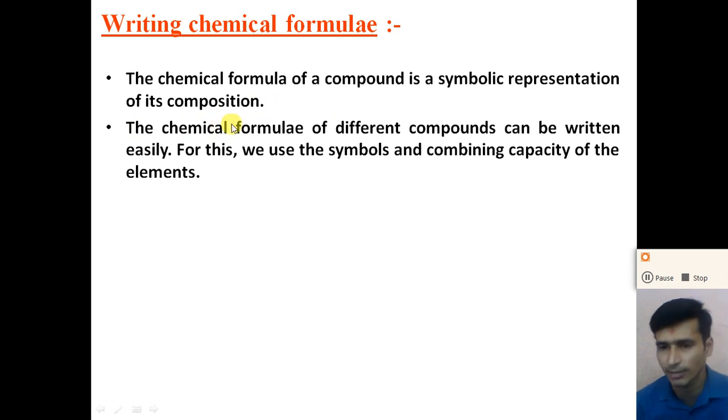Atoms of the same element or atoms of different elements combine to form a compound, and the symbolic representation of this composition is called the chemical formula.